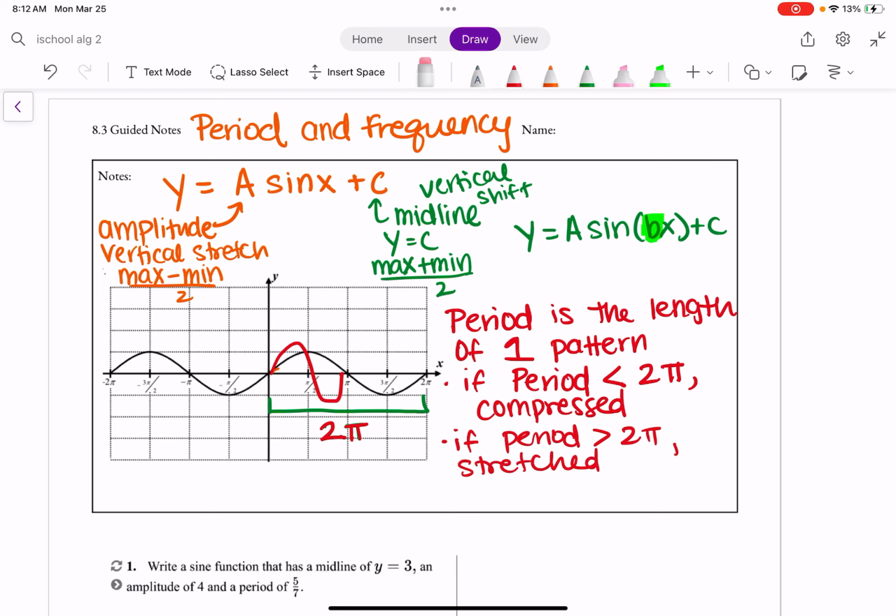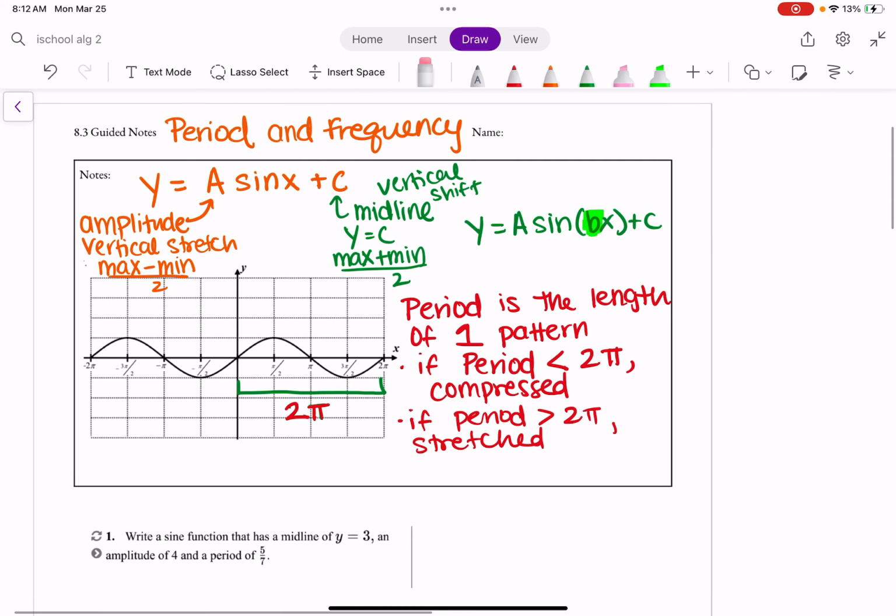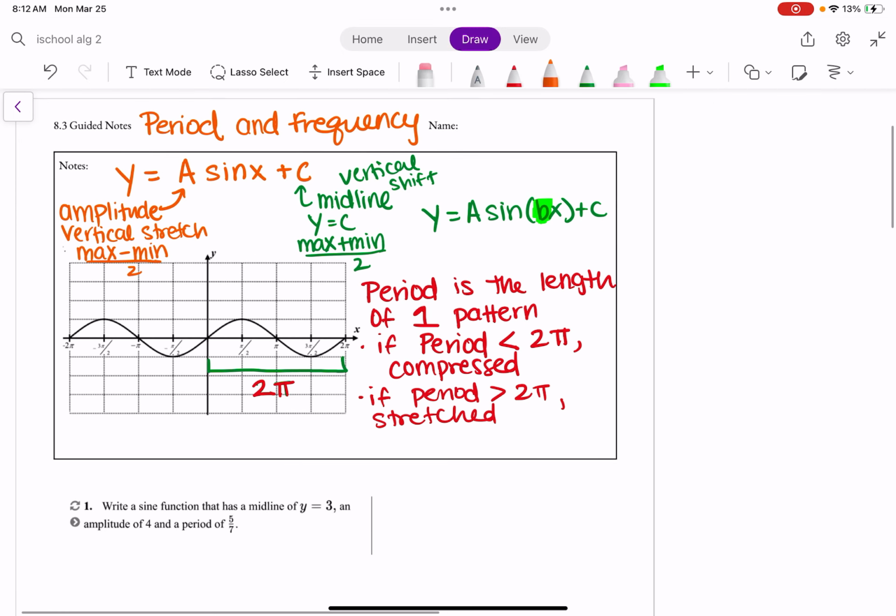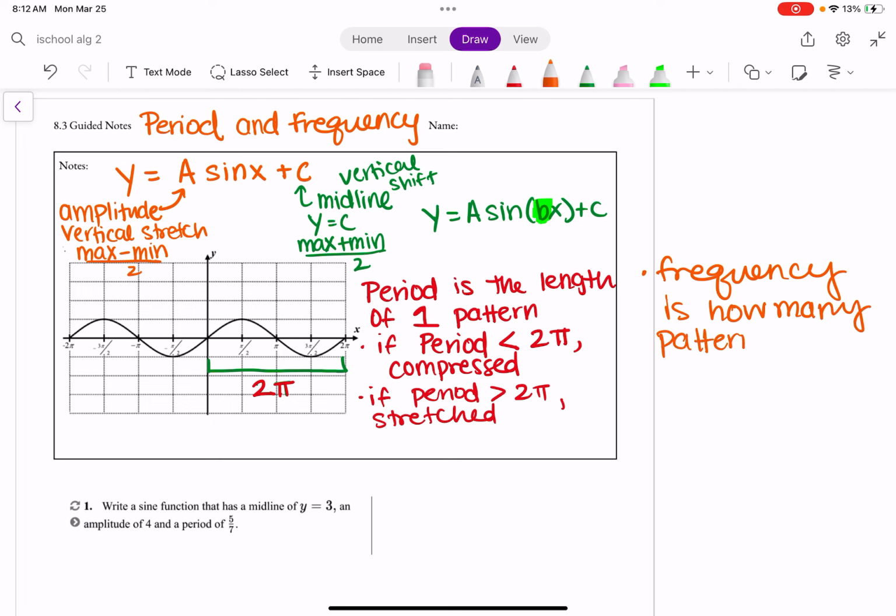Now, along with period, we also care about this thing called the frequency. The frequency is how many patterns are in 2 pi.